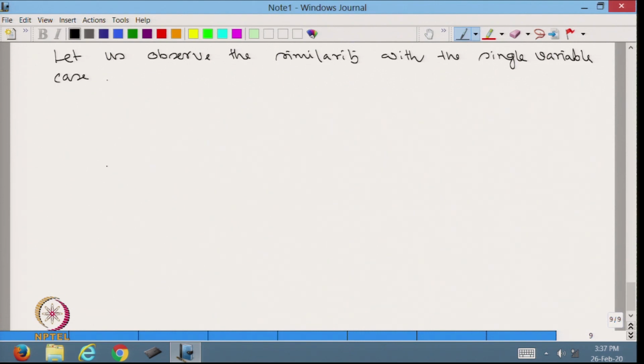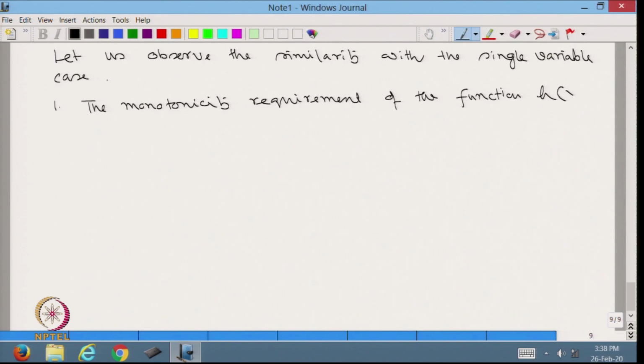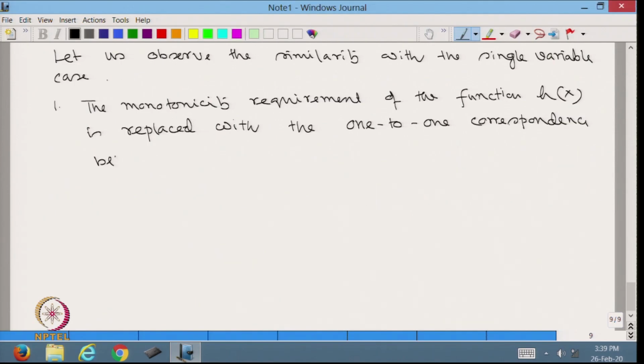That we studied in the last class. So, the monotonicity requirement of the function h of x is replaced with the one-to-one correspondence between x y and u v.